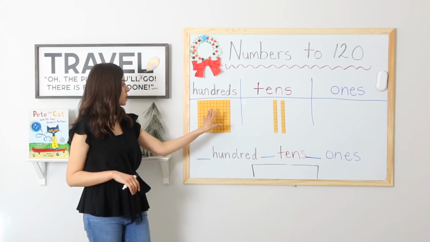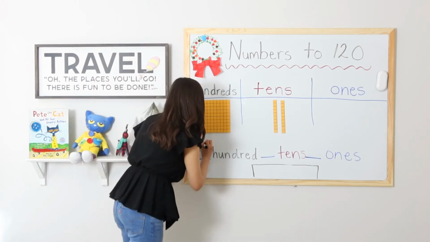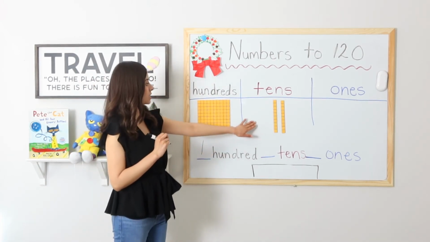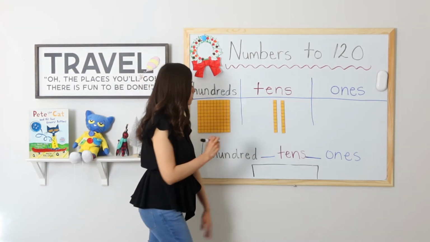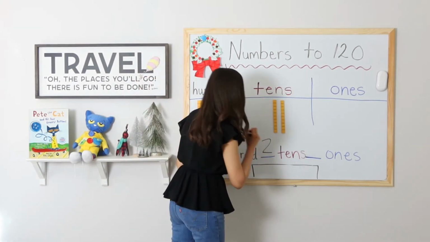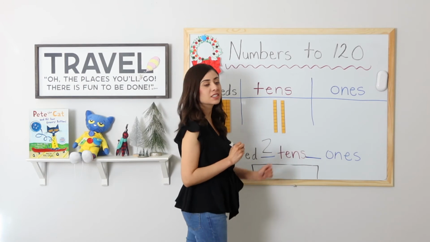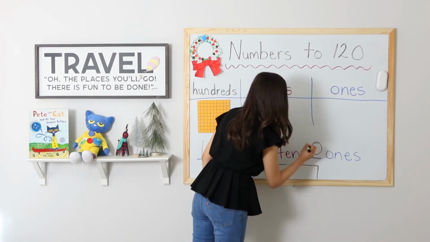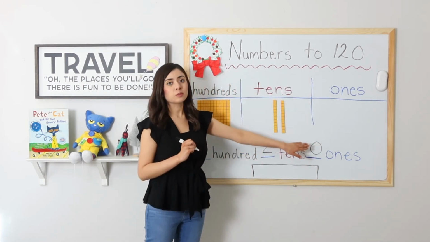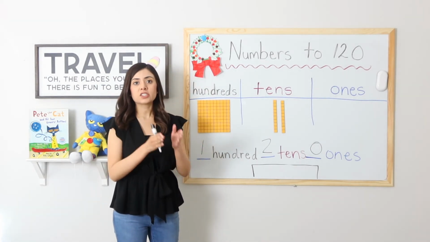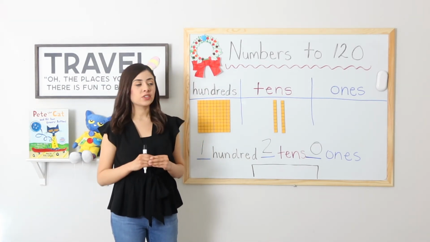How many hundreds? 1. How many tens? 1, 2. And how many ones? 0. Let's not forget that we still have to label 0 to make sure each digit goes in the correct place value.